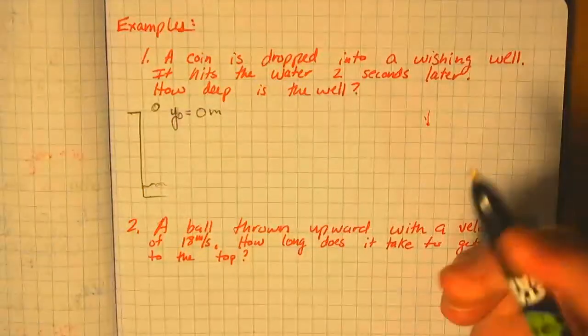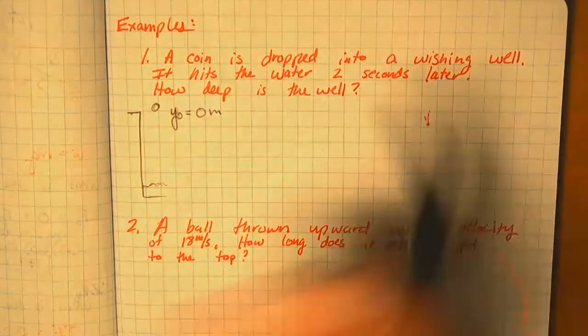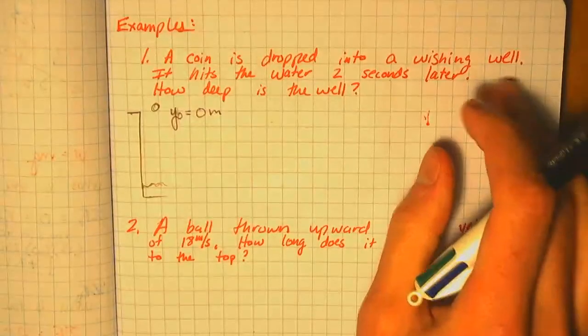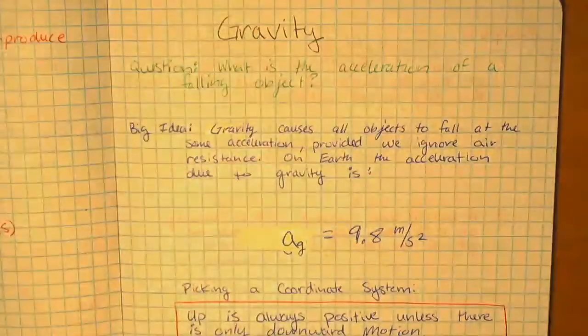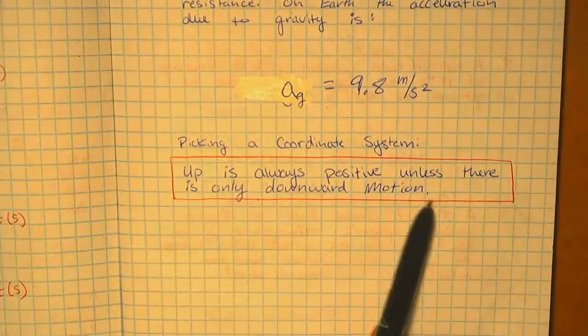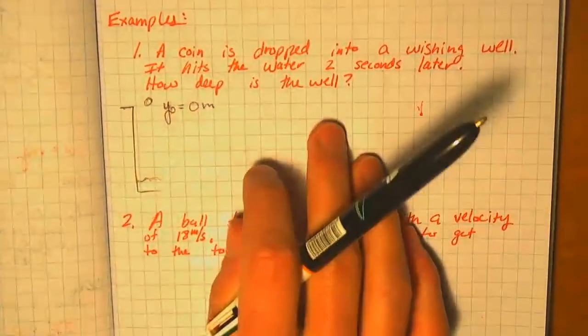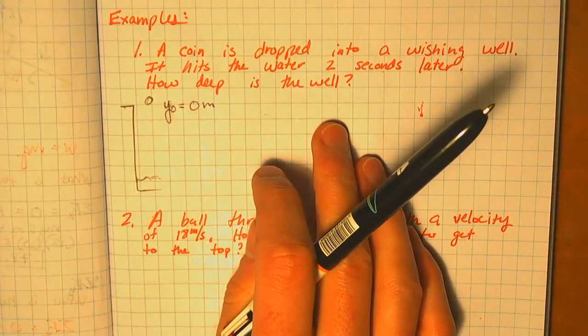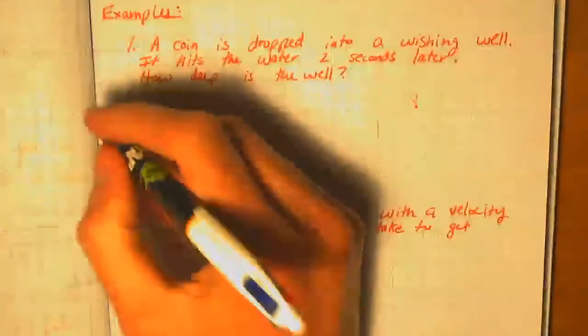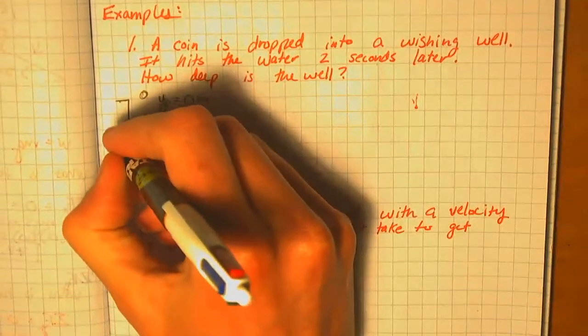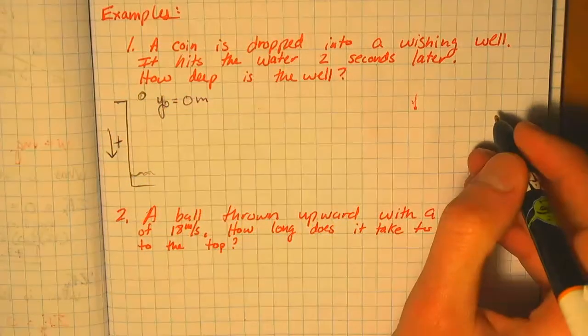Sorry, I should back up for a second. We need to think about our directions, which said up is always positive unless there's only downward motion. So if we think about this, we have only downward motion. The coin only goes downwards. So we're going to call down the positive direction because we only have downward motion.